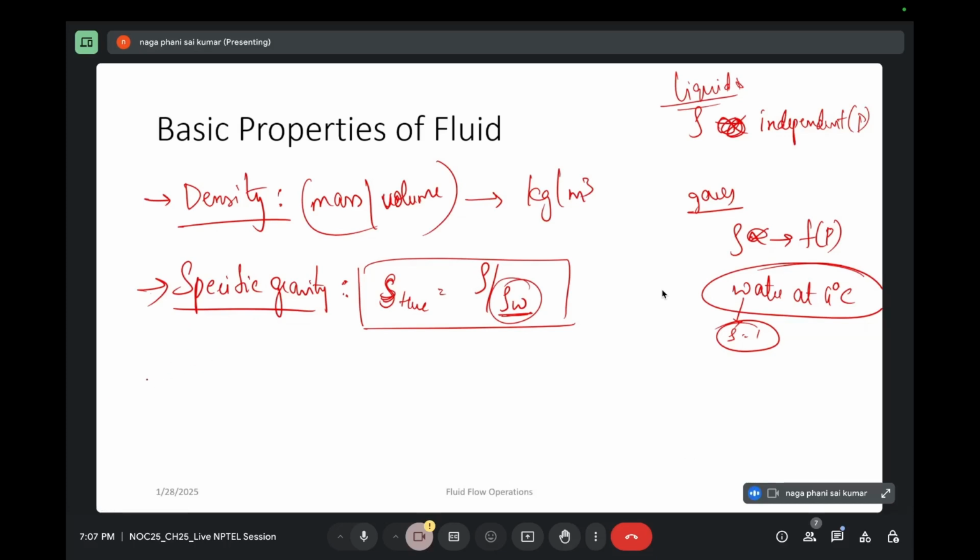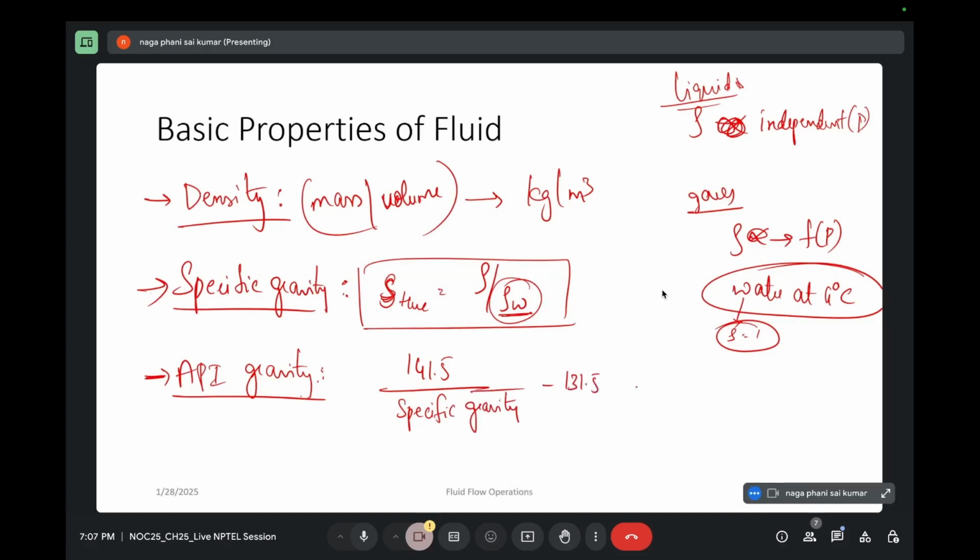And then there's API gravity as well. It is a measure of how heavy or light a particular liquid is compared with water. API gravity is nothing but 141.5 by specific gravity minus 131.5, and the final answer will be in degrees.